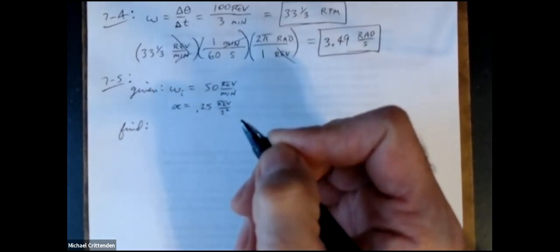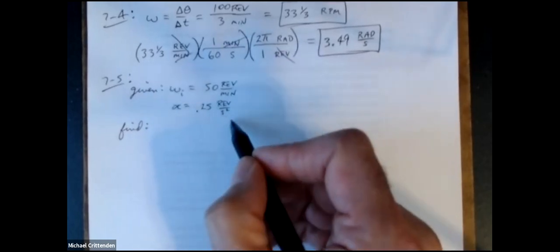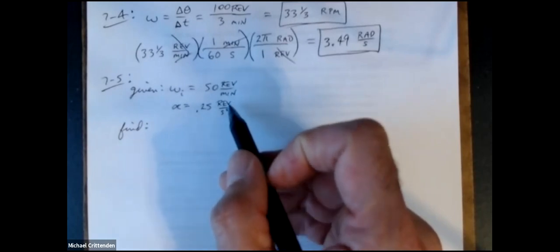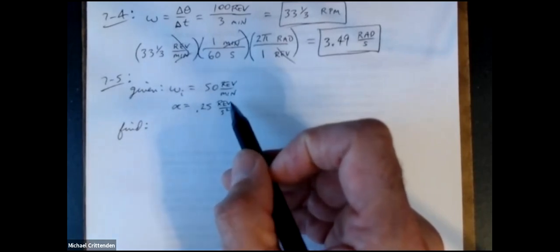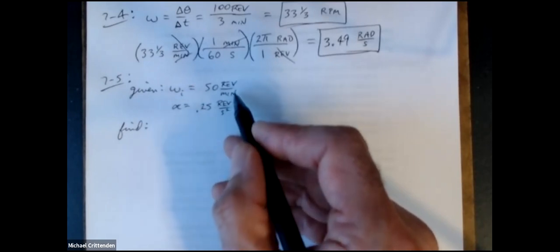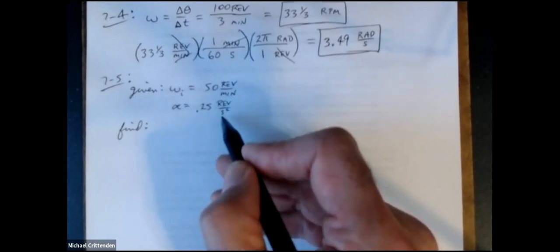Now, before I go any further, maybe you notice there's a problem. Just like since the first day of the course, your units have to be consistent with each other. Revolutions here, revolutions there, that's all right. But for time, minutes here, seconds there, they have to match. So you've got your choice.